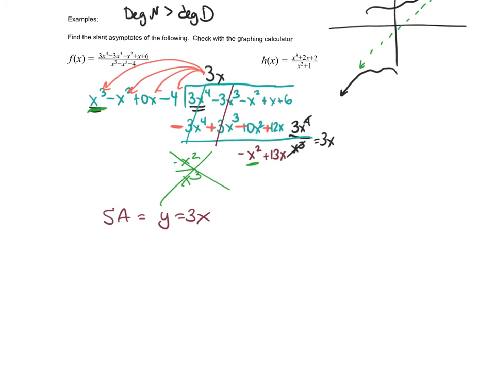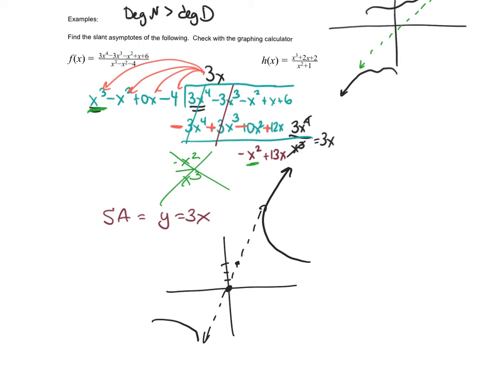So if I was to graph this on Desmos, again, I have not graphed this yet, but I know it has an intercept of 0, up 3 over 1, so this is my slant asymptote. So as it goes off to infinity, somehow it's going to do something like this, something like this. It could be on either side, but it's approaching that slanted line.